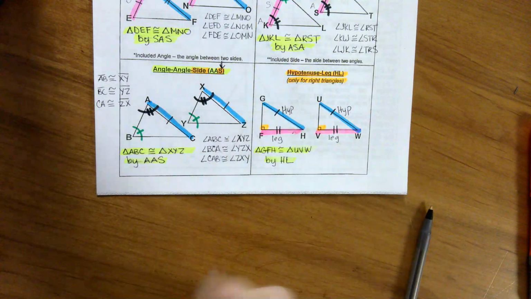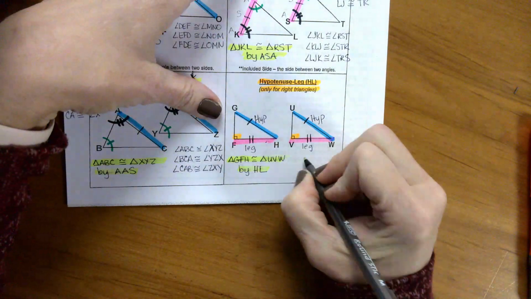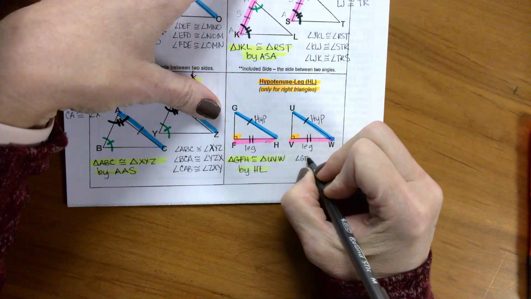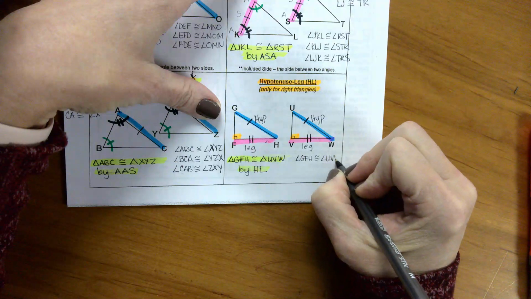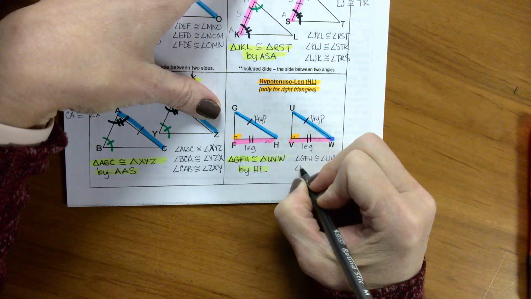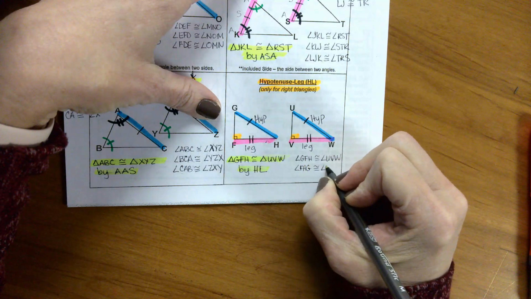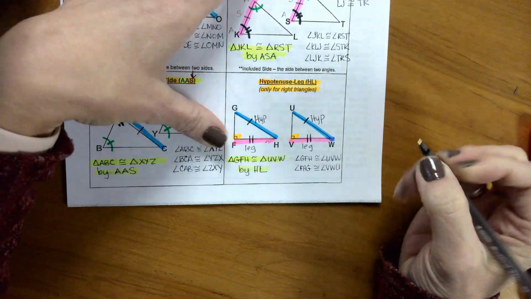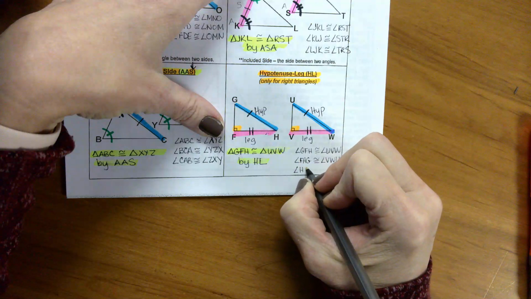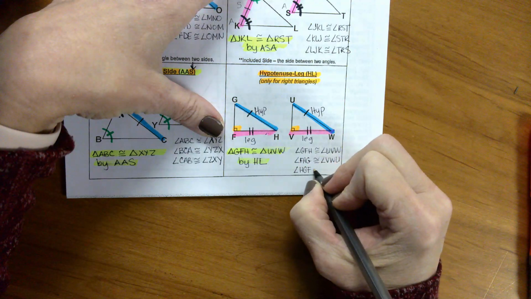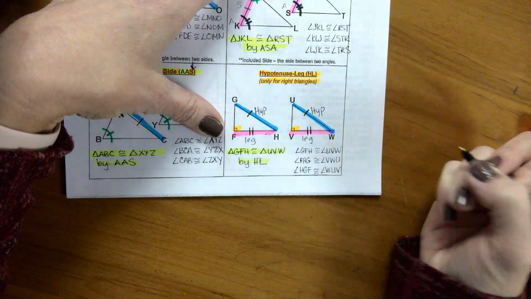And then we're just going to do angles and sides. So angle GFH is congruent to angle UVW. Angle FHG is congruent to angle VWU. And then we have angle HGF is congruent to angle WUV.